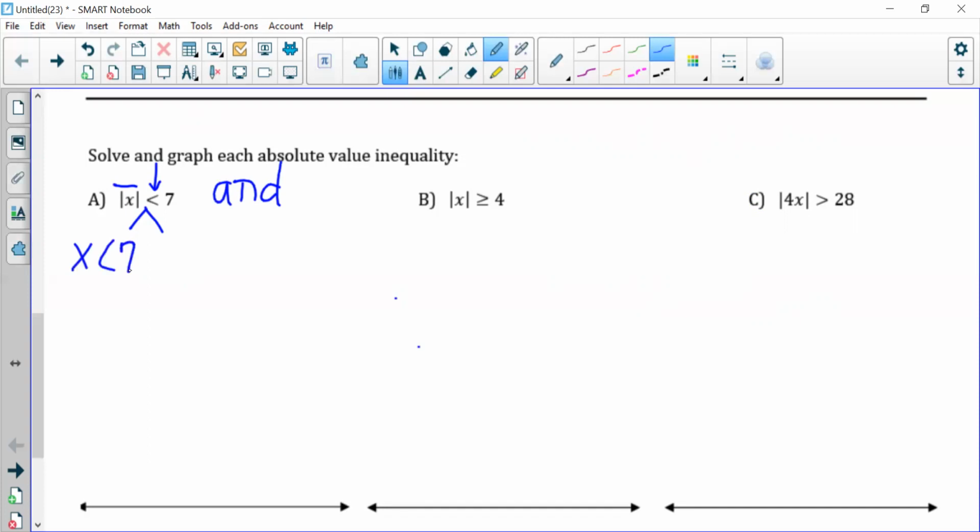Something special you need to remember about absolute value inequalities. When we split this, remember with a regular inequality, if we multiply or divide by a negative number, we have to flip the operator. We have to do the same thing here. Because remember, with an absolute value, when you split it, you say inside is equal to the right side, and then inside is equal to negative the right side.